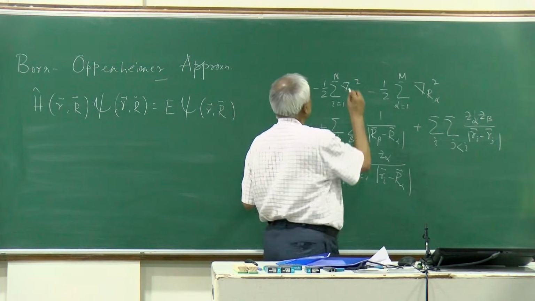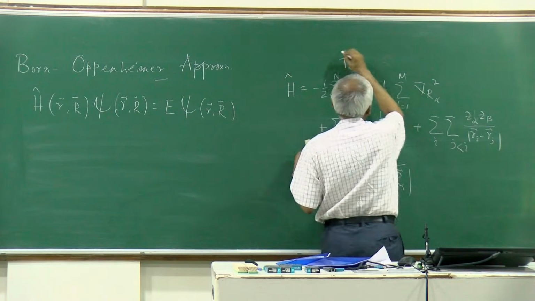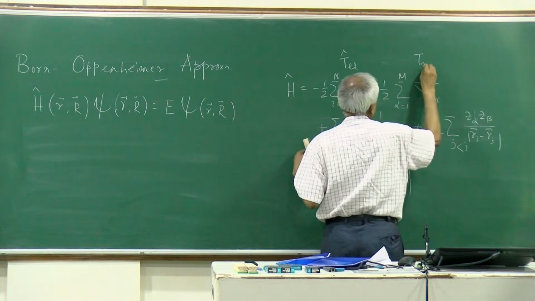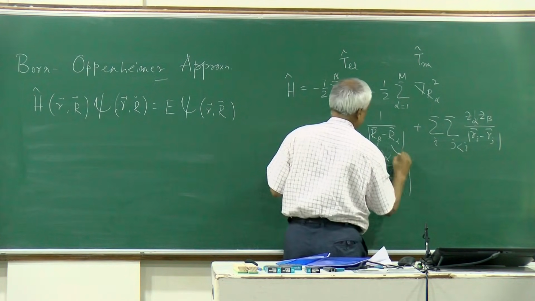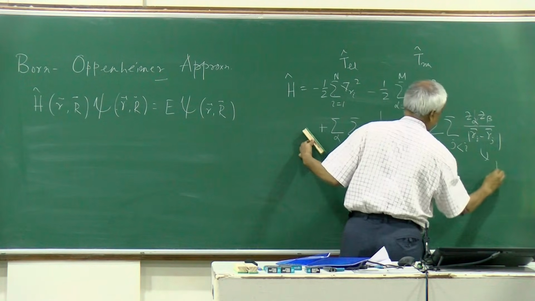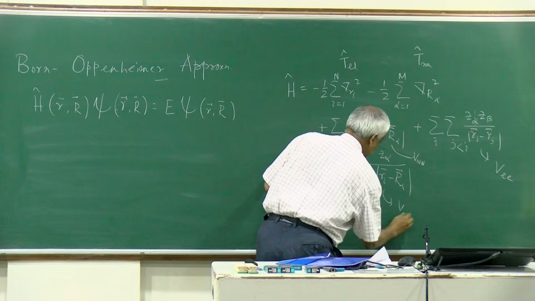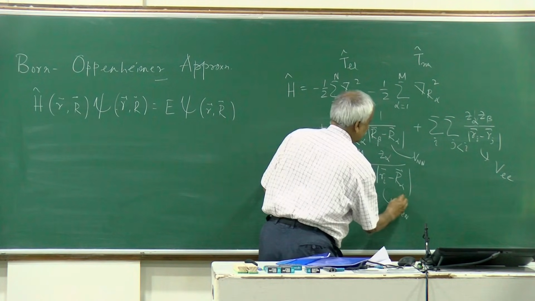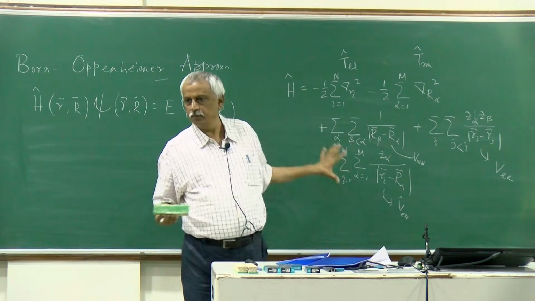Okay, so this is your kinetic energy of the electrons, kinetic energy of the nuclei. This is your nuclear repulsion. This is electron repulsion, and this is electron nuclear attraction. Okay, so this is the simple molecular Hamiltonian.